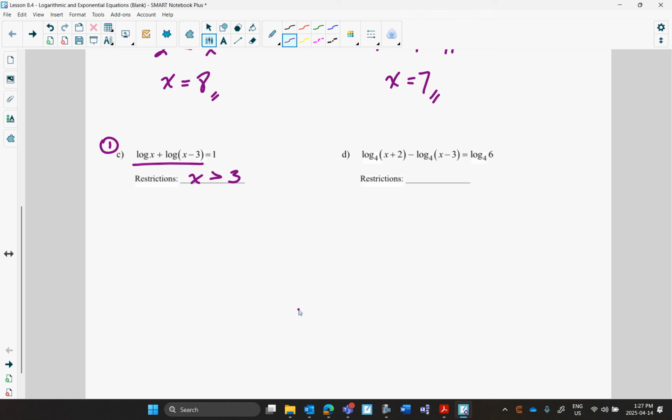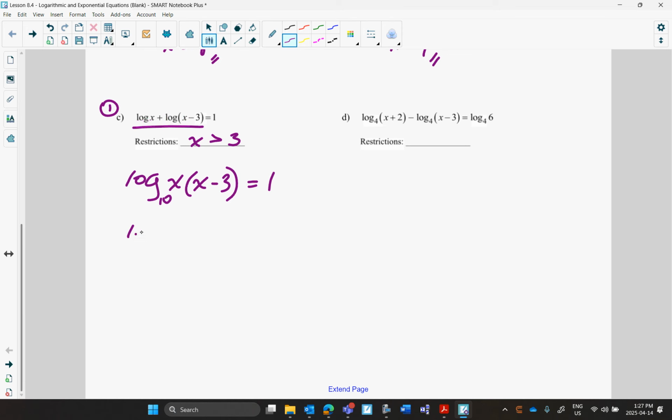Can we simplify this? Can't we combine them into a single log? What do I do with the arguments? x times x minus 3 equals 1. Don't forget, if there's no base written, we assume it's 10. We can even go further and multiply the two, get x squared minus 3x.